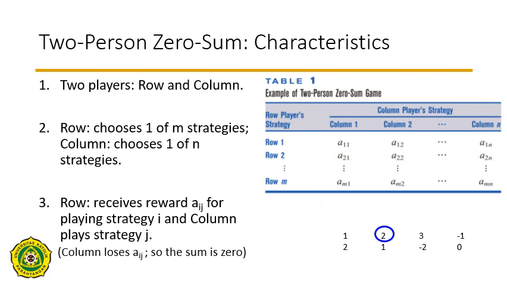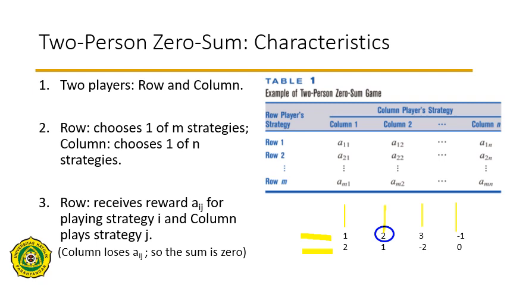Let's see an example here. Suppose we have a reward matrix that looks like this. It means that the row player has two strategies that he or she can choose, while on the other hand, the column player has four possible strategies. So the matrix is a 2 by 4 matrix.